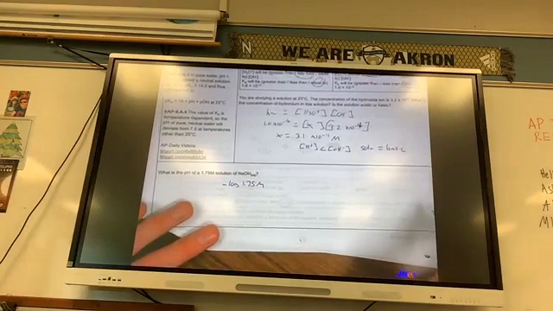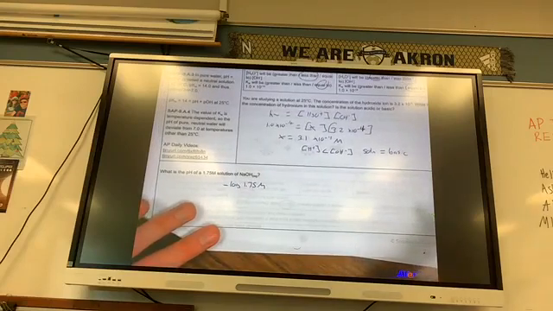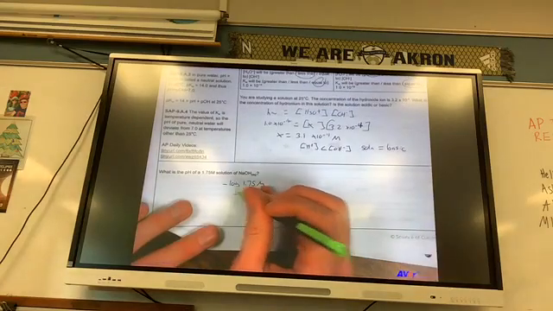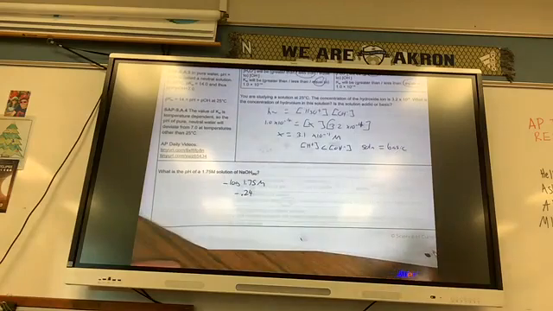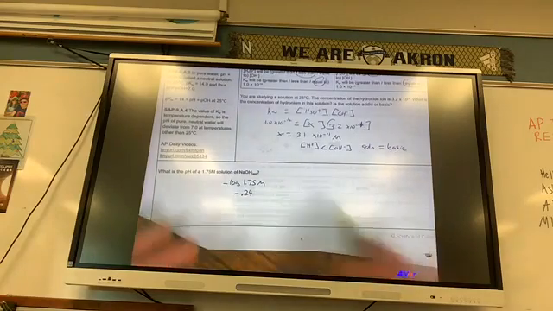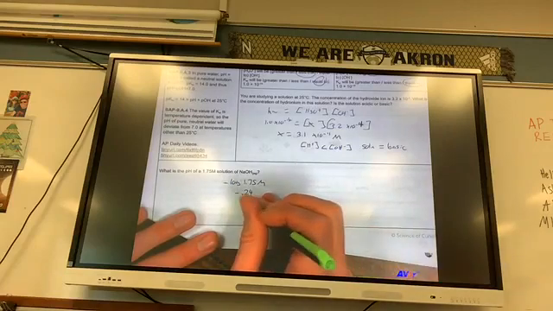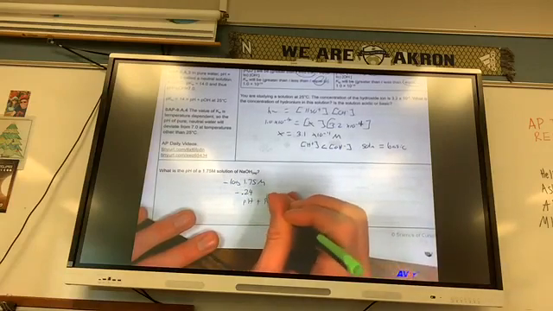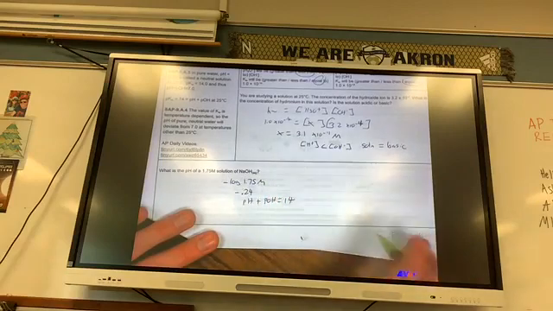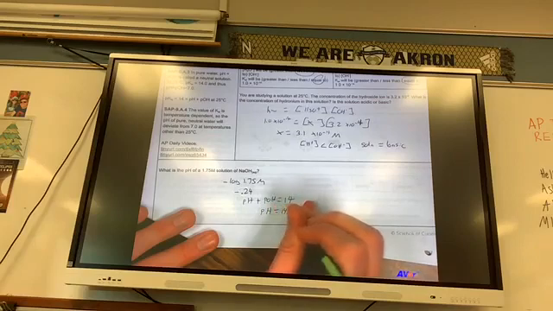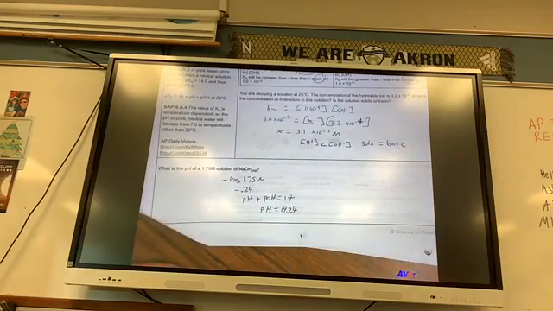Negative log of 1.75 gives negative 0.24. But it's asking for the pH. So that means pH plus pOH equals 14. Therefore, your pH is going to equal 14.24. That's really basic. Flip the page.